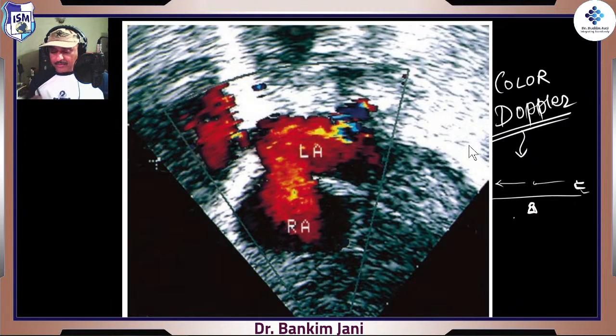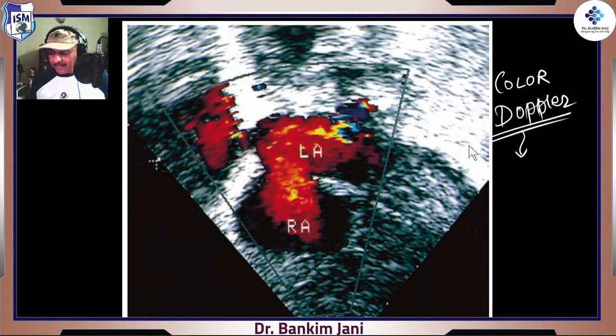Now over here also, what we are watching is, because we have connected a computer, we are converting these frequencies into colors. So practically, what we really see is the direction of flow.